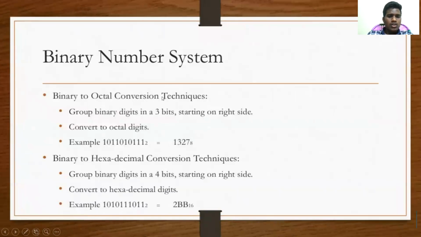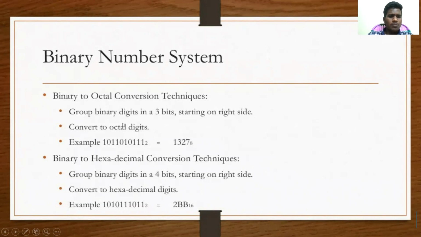Here, binary to octal conversion technique. Group binary digits in 3 bits starting from the right side, and convert each to an octal digit. In order to convert binary to octal, we have to divide the given binary into groups of 3 bits, that is 111, 010, 011, and this one is single. 111 means 7, 010 means 2, 011 means 3, and 1 is 1.